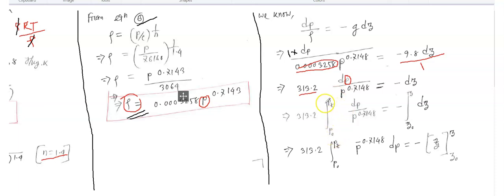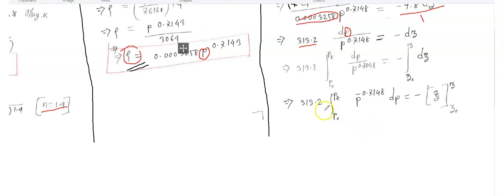We will integrate both sides, and for the pressure the initial value, as I explained last day, is p naught, up to pz, and this is z naught and z, the upper limit and the lower limit. So we wrote here 313 from p naught to pz, dP over P to the power 0.7148, so you can write it as P to the power negative 0.7148 dP.